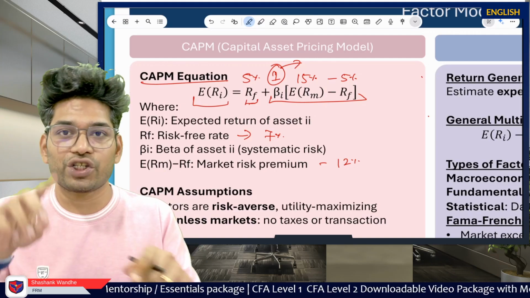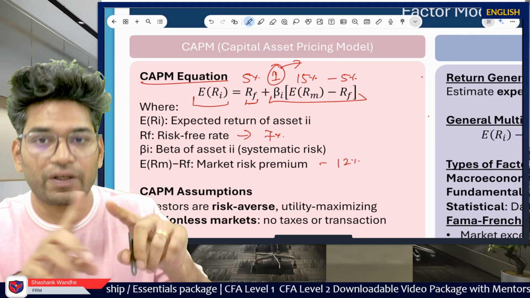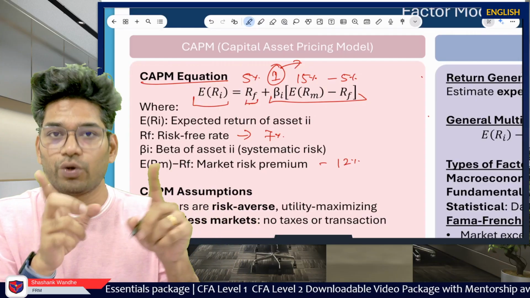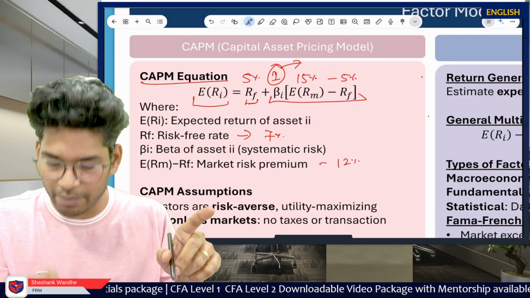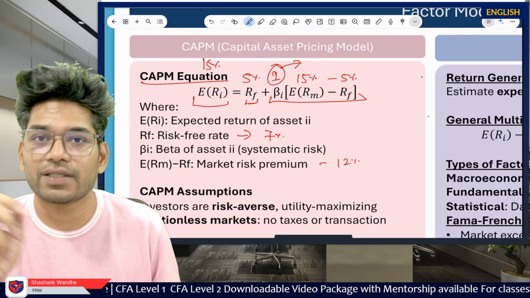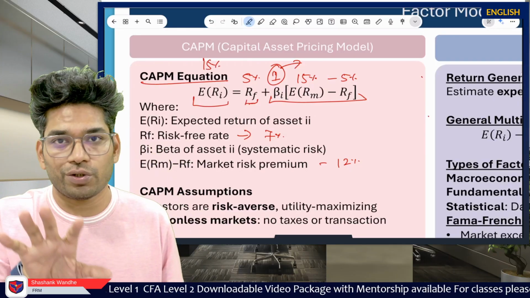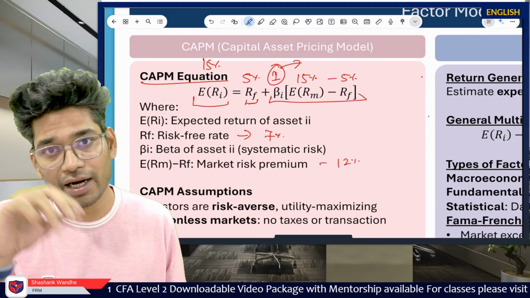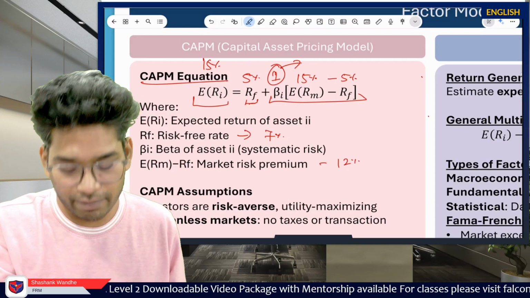Solving, 15 minus 5% is 10%, 10% multiplied by 1 is 10%, plus 5% is 15%. So this equation also shows that if you are taking risk equal to the market, your expected return should also be equal to the market.